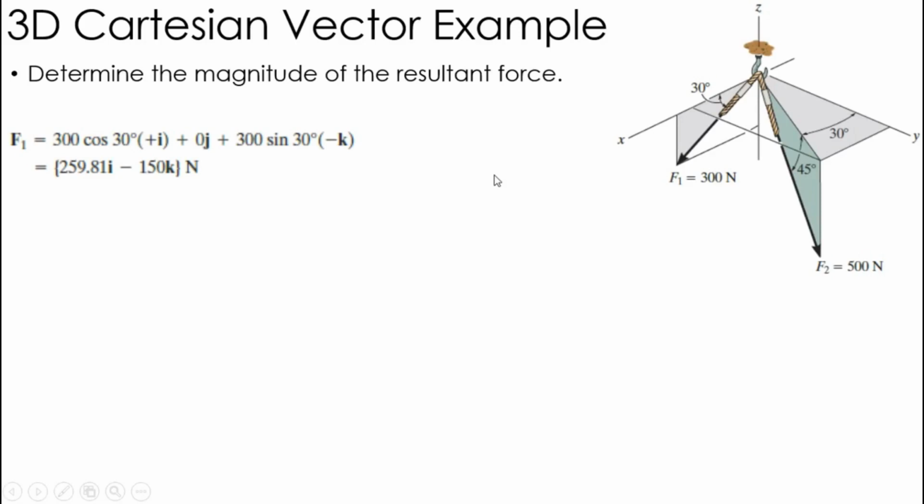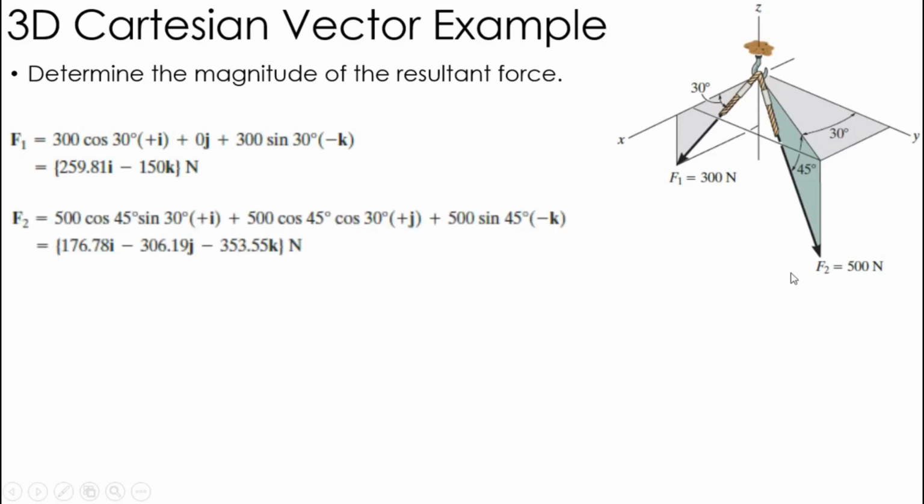Moving on to force 2. Now this is actually done in 2 steps. You notice I've got a light blue triangle and a dark blue triangle. The light blue triangle lies in the xy plane, and the dark blue triangle is basically a vertical triangle. This line right here on the edge of the dark blue is in the z direction.